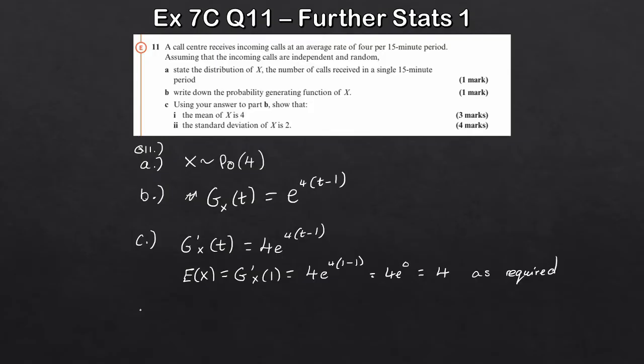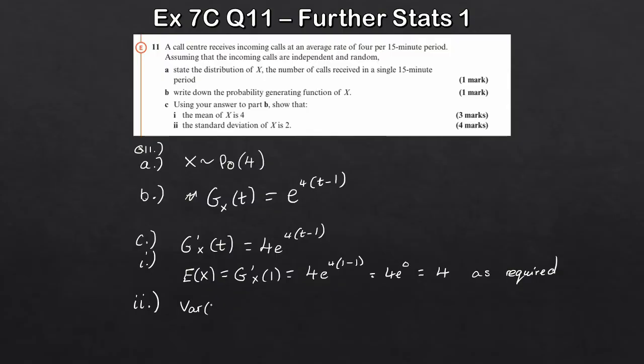For part 2 of this part C, we have to show that the standard deviation of x is 2. That was part 1. So the standard deviation of x, well, first we define the variance of x.